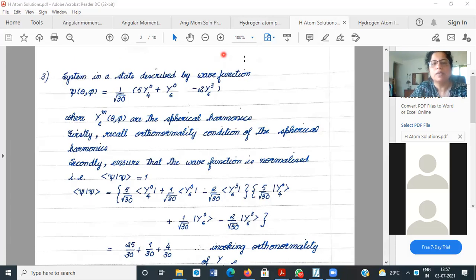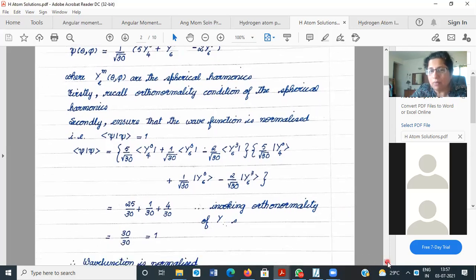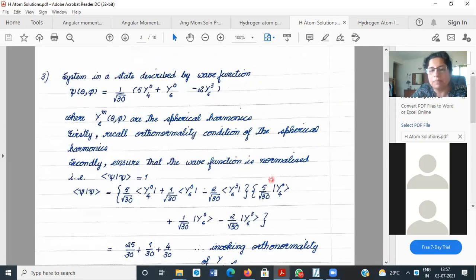So what is good to do always in such a case, before you come to any conclusion, is make sure the wave function is normalized. Otherwise you should take the inner product of the wave function with itself, and divide by that.